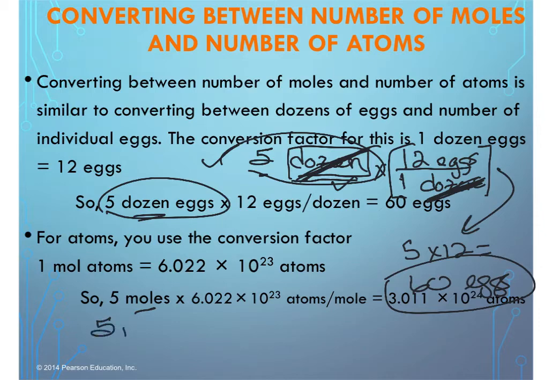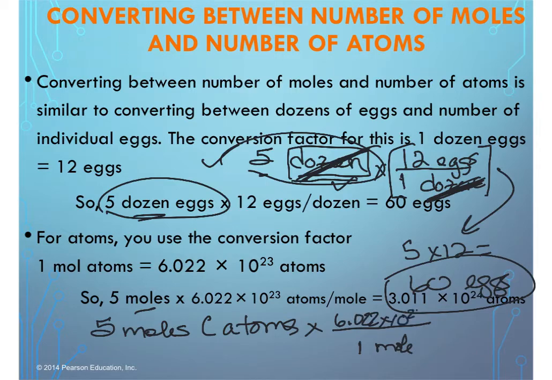So I have 5 moles of atoms. We'll say carbon atoms, okay? And I want to know how many individual atoms that is. Well, you'd use a conversion factor. You would have mole down here, and then you would use what you know 1 mole is equal to as far as atoms: 6.02 times 10 to the 23rd individual atoms.